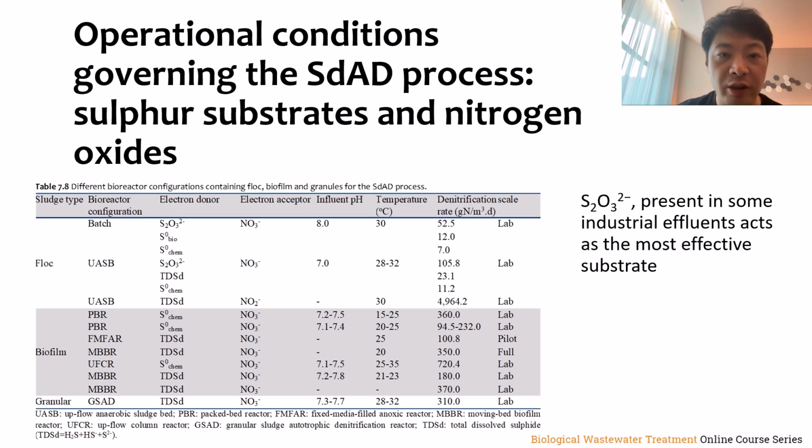Another sulfur source is sulfate, present in some industrial effluents, which acts as the most effective sulfur substrate for SDAD and is least inhibitory to SOB, whose tolerance can be up to 2000 mg sulfur per liter, which is 10 times greater than that of sulfide.